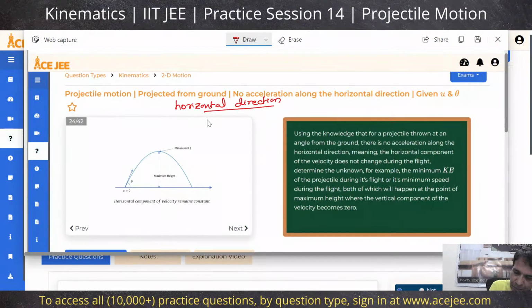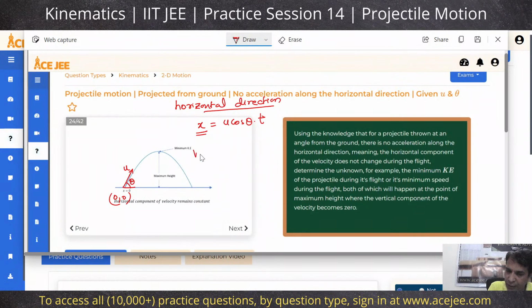we have, if u is the initial speed, angle is theta with the ground. So u cos theta. So the distance or the position of the particle, or I should say displacement along the x direction, assuming that it is starting from the origin 0, 0, will be x is equal to u cos theta into time t.